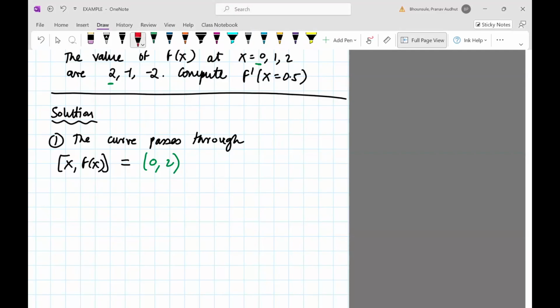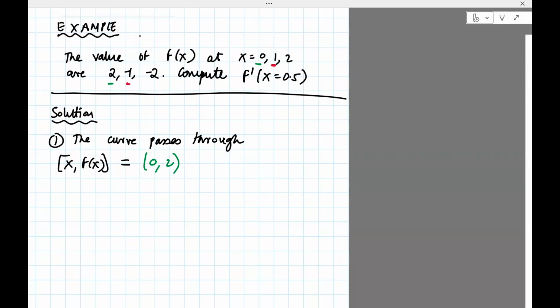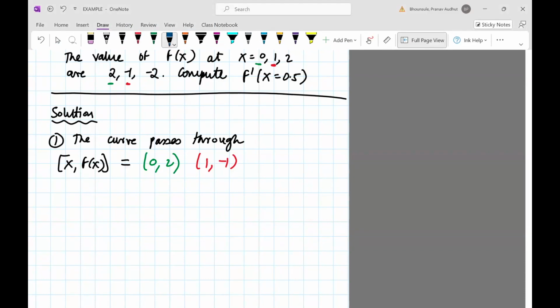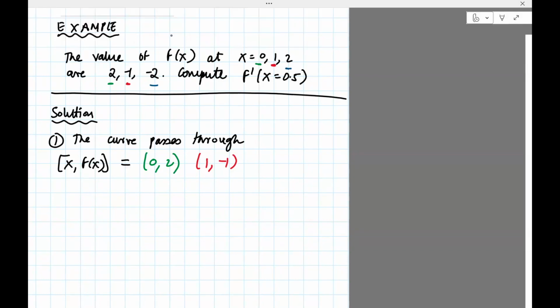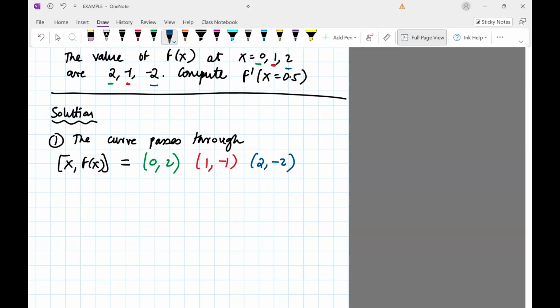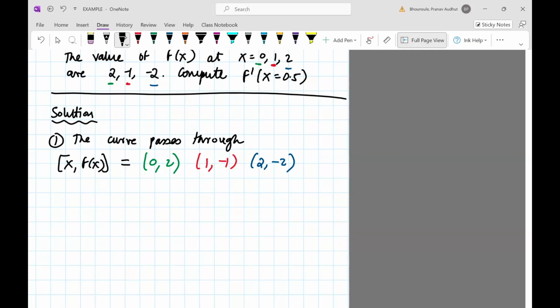Okay, next one, if you put x equals 1, you get minus 1. And last, if you put x equals 2, you get minus 2. So 3 points. We ask ourselves, what's the minimum order polynomial which passes through 3 points? Well, it's a second order polynomial, because the second order polynomial will have 3 constants.